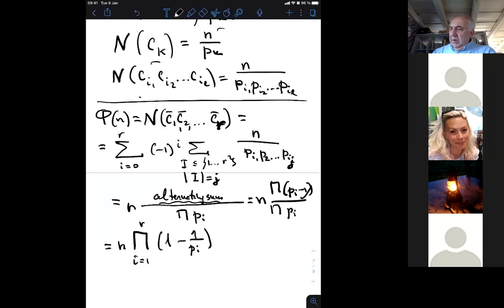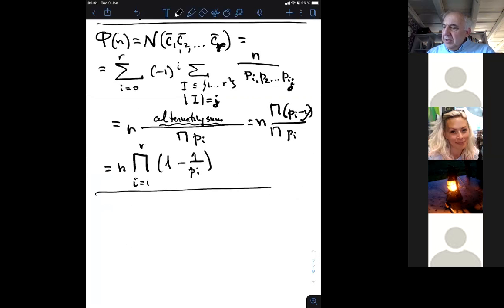Once again, our first result, which is the standard inclusion-exclusion formula, is that if we want to count the number of elements in the complement to the union of some bunch of sets, then we do the following. We take the number of elements in the ambient space, subtract the number of elements in each individual set, add the number of elements in all pairwise intersections, subtract the number of elements in all triple intersections, add up all 4-tuple intersections, and so on.